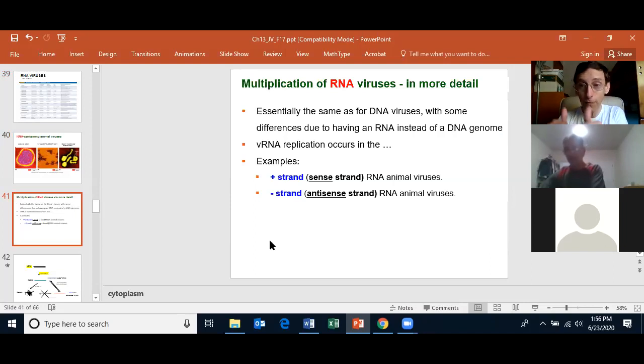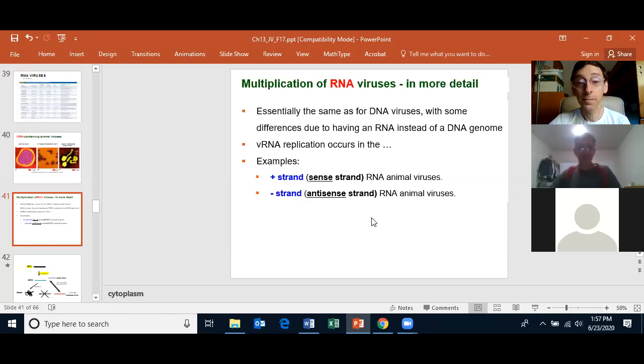And that rule of thumb holds for everything except one exception: the retroviruses do not follow this rule of thumb. We'll talk more about the retroviruses later. They are an RNA virus, but they actually replicate in the nucleus, not in the cytoplasm. And that's the only exception to that rule of thumb.